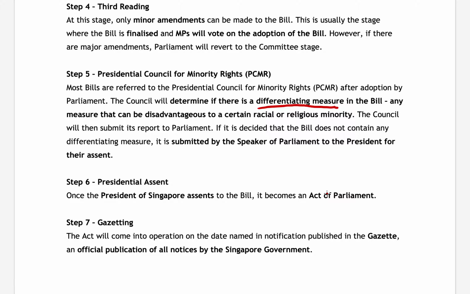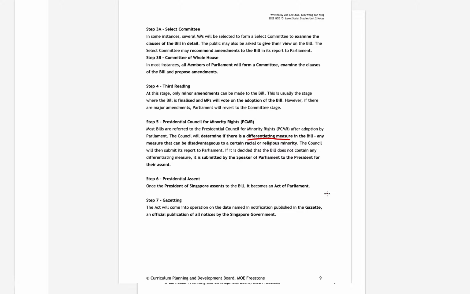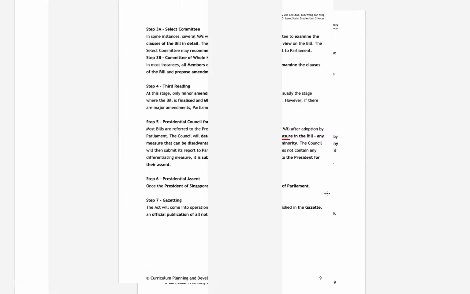The Gazette is essentially a big database of all the notices published by the Singapore government. Anything relating to acts, laws, subsidiary legislation, notices, and memorandums is put in the Gazette for everybody to see. So that is the entire process of how legislation gets passed in Singapore.